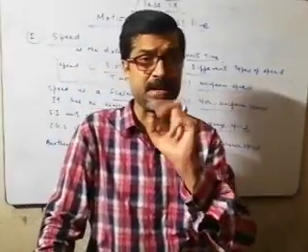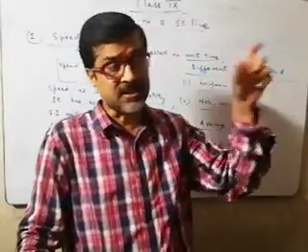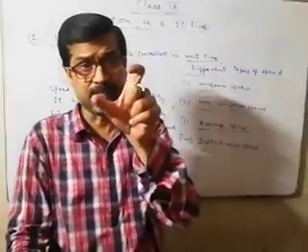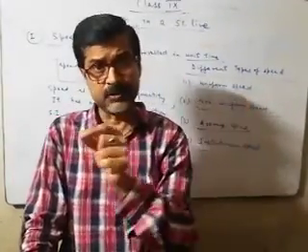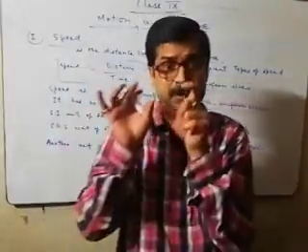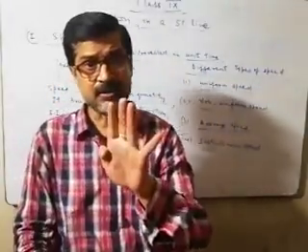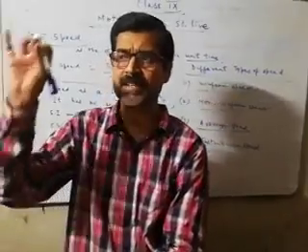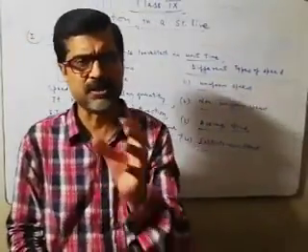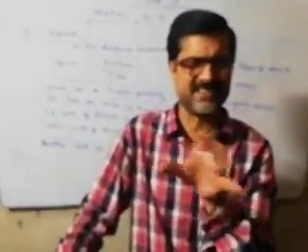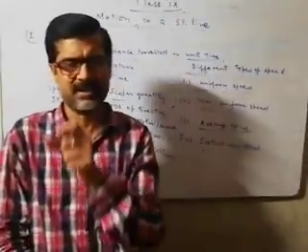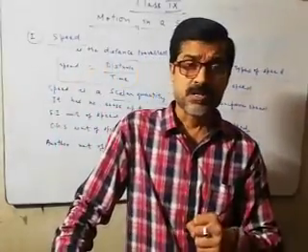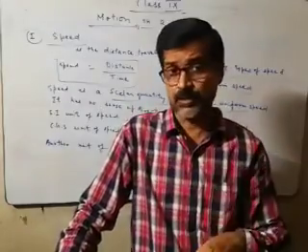So the total distance 150 km divided by the total time the bus took, 4 hours. 150 by 4. Whatever solution we get will be the average speed. How much does it come? Approximately 40, less than 40, 38 like that. So this is the way we can calculate average speed.